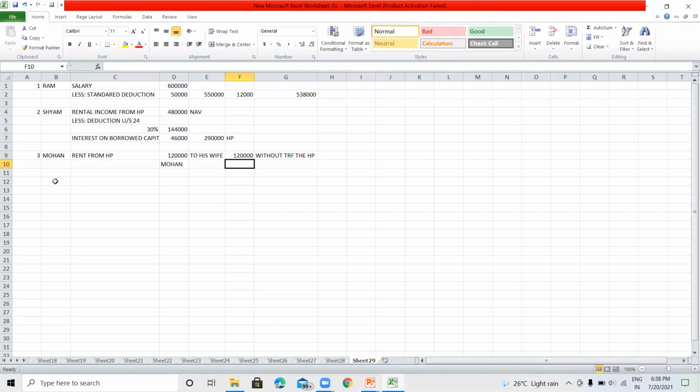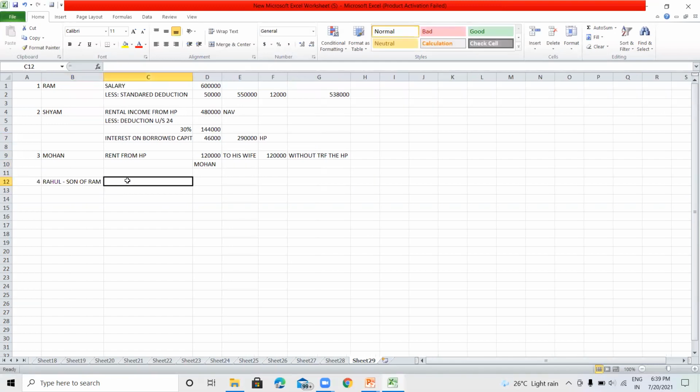And if there is any minor child, for example Rahul, who is the son of Ram, and he receives some income, for example 18,000 rupees.